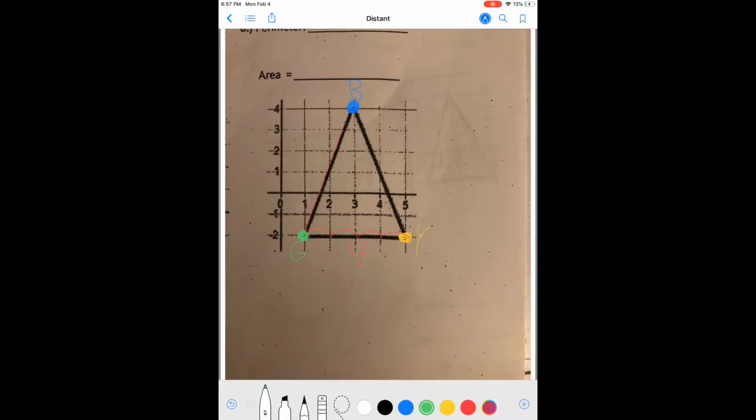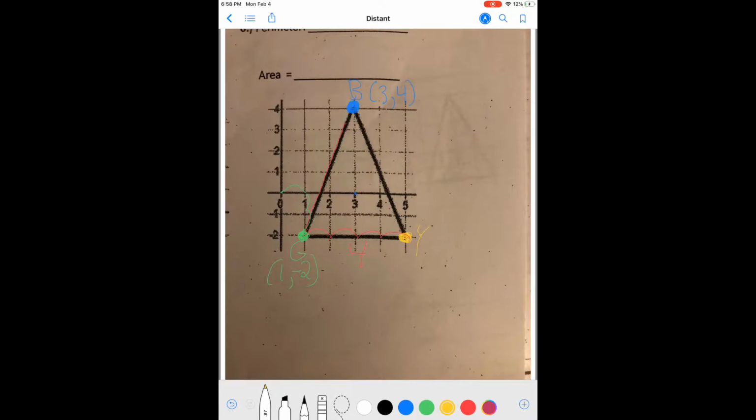So for the G, starting at our origin, we have to go over to the right 1. So our X value is going to be 1. Our Y value is going to be how many we have to go down. So -2. Our B is going to be X value of 3, Y value of +4.